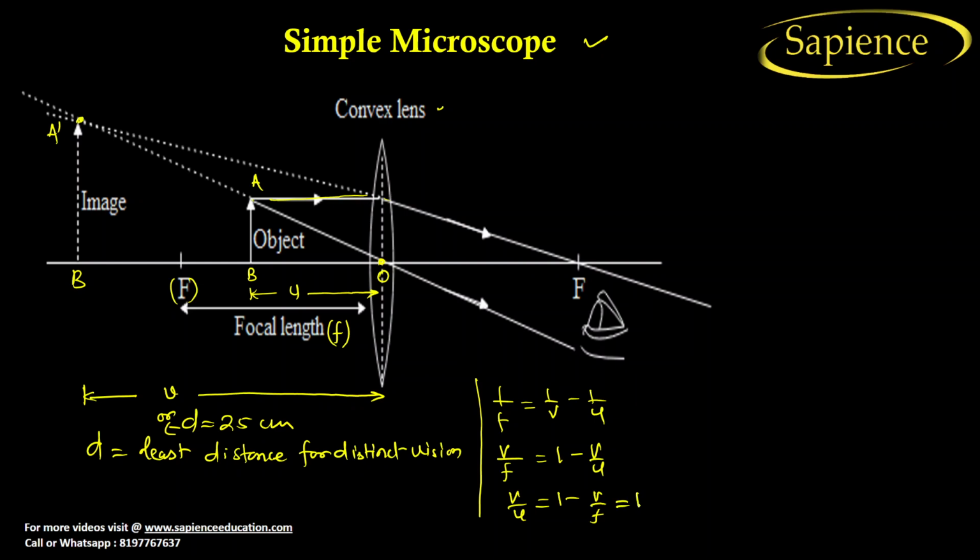So can we put here 1 minus d by f? So from here v by u is our magnification. So we can consider that magnification is equal to 1 plus d by f. So this is your magnification. Why am I writing magnification is equal to 1 plus d by f?